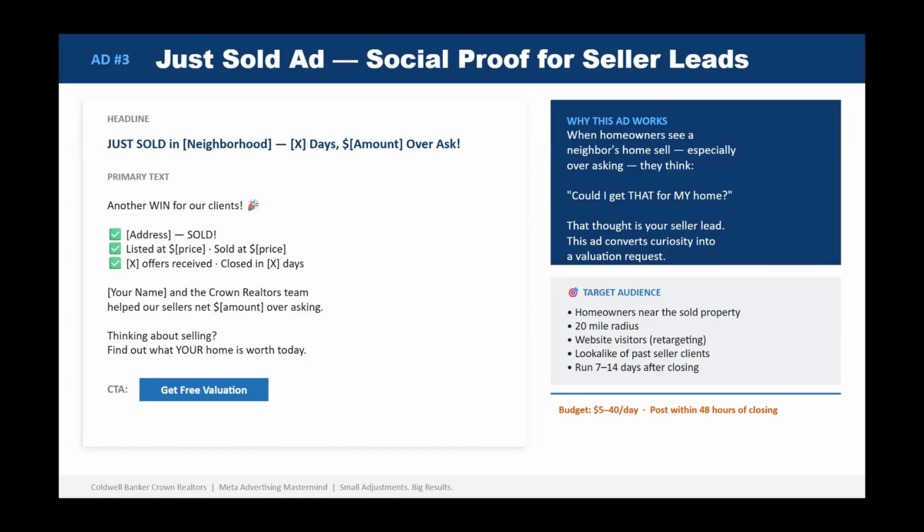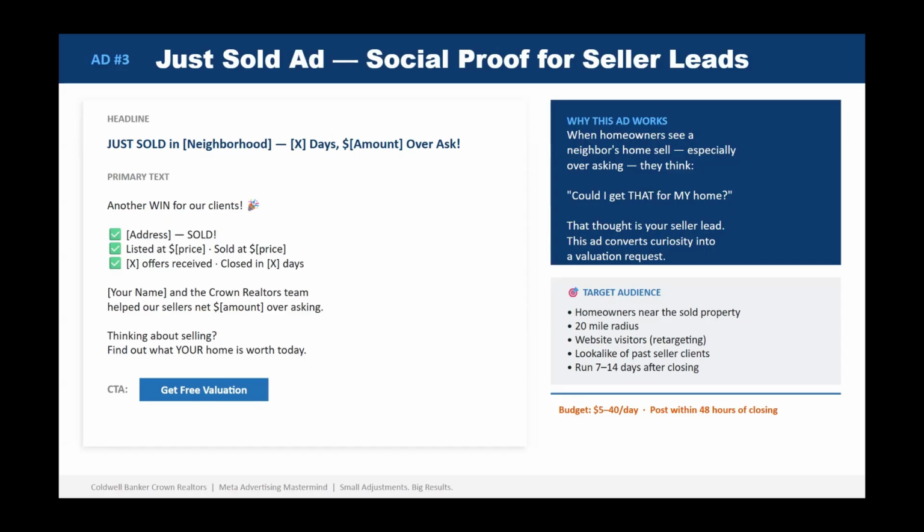Okay. So when you do just sold ads, when you do your headline, just sold on Potato Lake in 14 days, $40,000 over ask price. You don't even have to put the price on there.